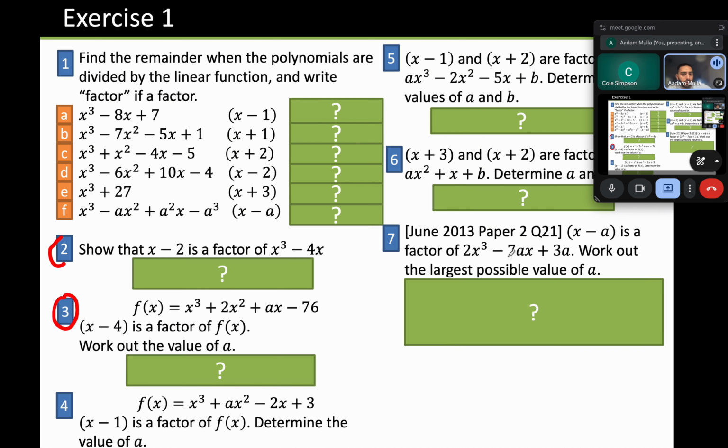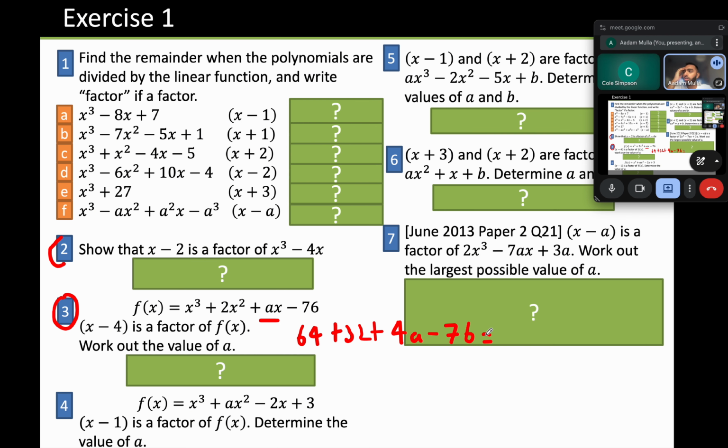What have you got so far? 64 plus 32, plus 8, plus 4a.